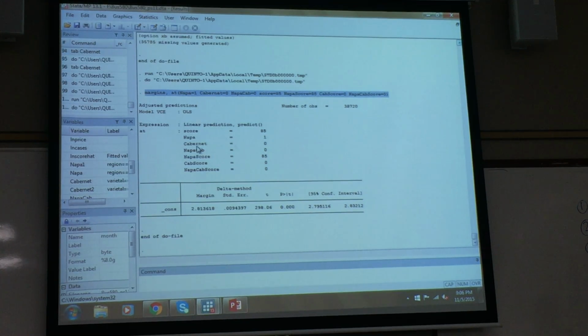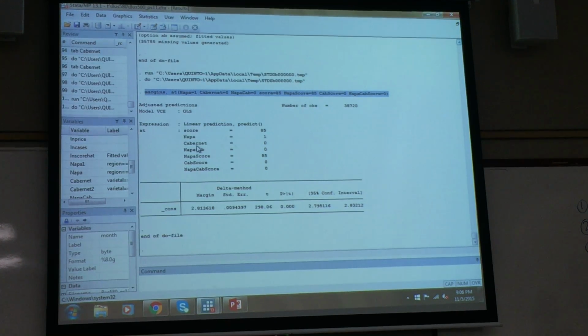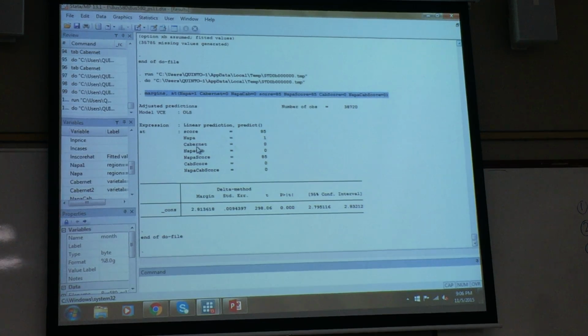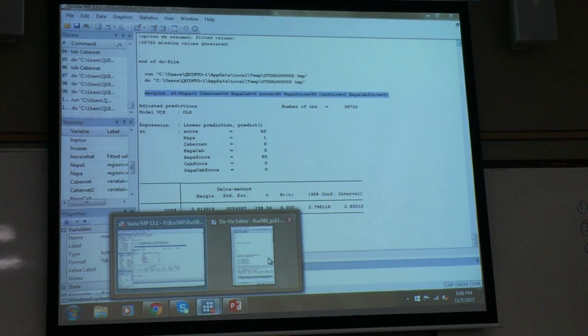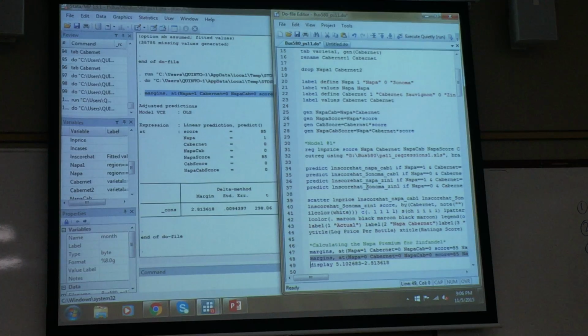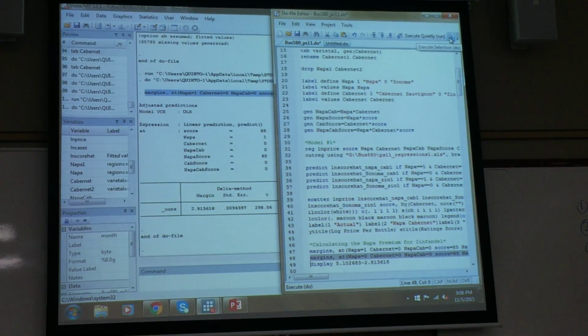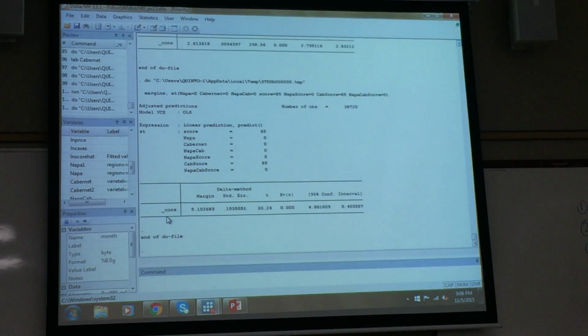So the log price of a Napa Zin at a score of 85 is 2.83. Again, this has absolutely no useful interpretation. Same thing, but I switched Napa off.